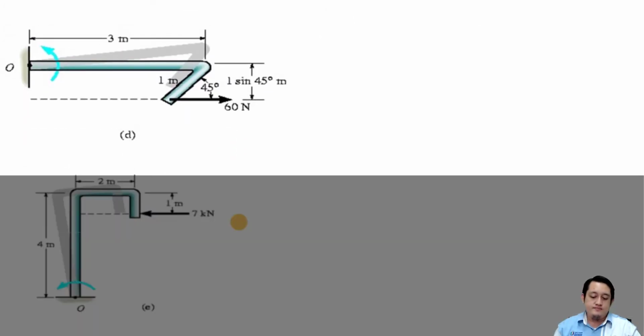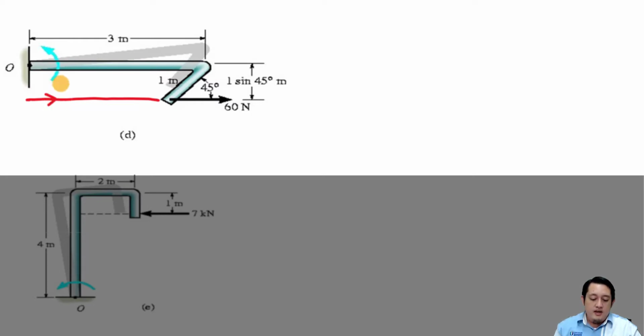So let's look at example D. This one also has quite a strange shape. Now we have a force, 60 Newton like this. How to determine the distance which is 90 degrees with this force? Again, you need to extend the force. The line of force is like this, so this is the direction of the force.